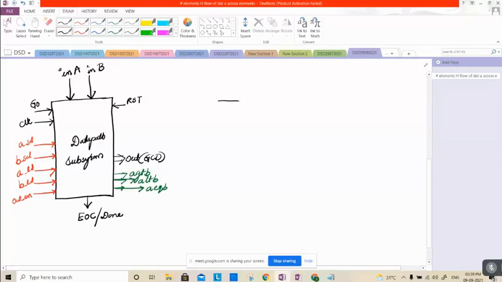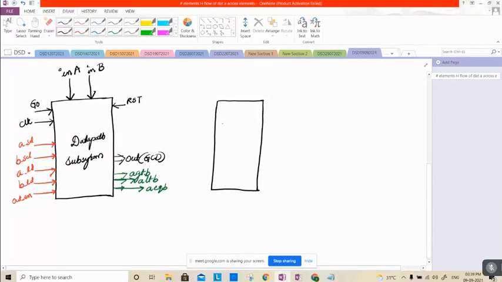And after that, the controller or the control path block is written in this way. Done will be generated with the help of the control path only.